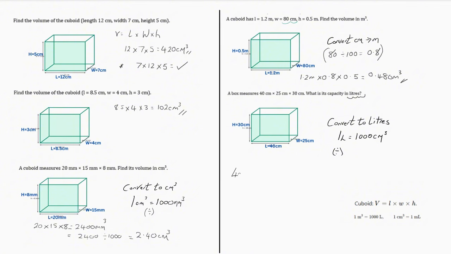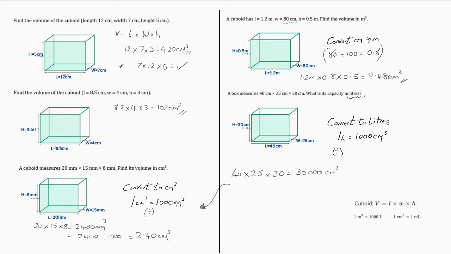I'm going to work it out first, as we always do. And that's what you're going to get on your calculator. And obviously, that's in centimetre cubed. So now we're going to convert. It's literally the same as that, actually.